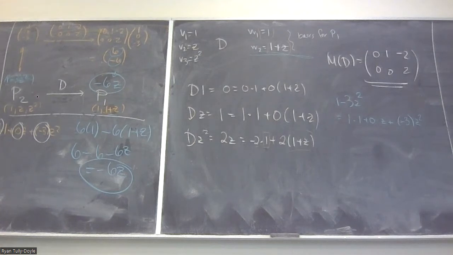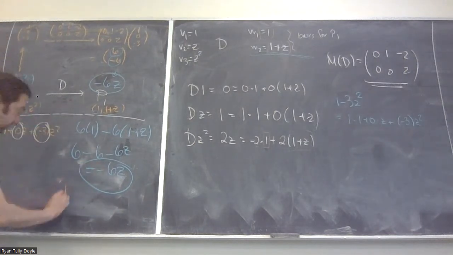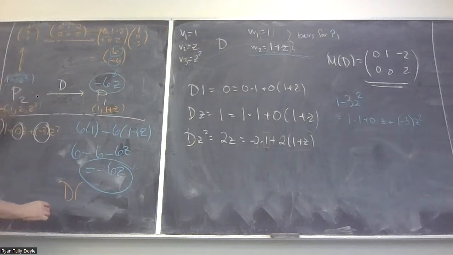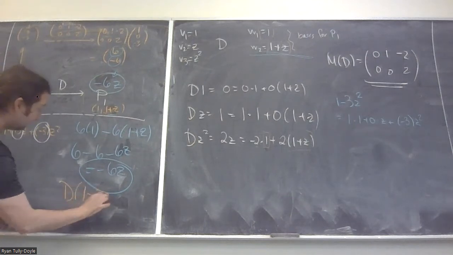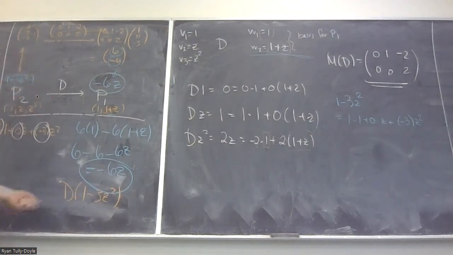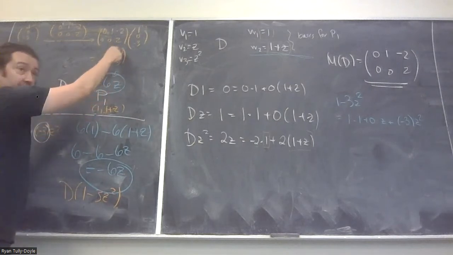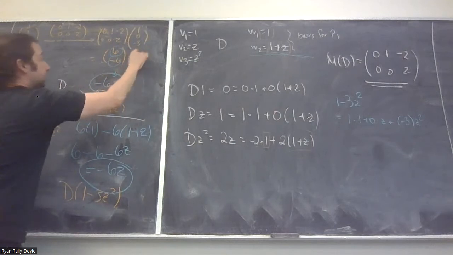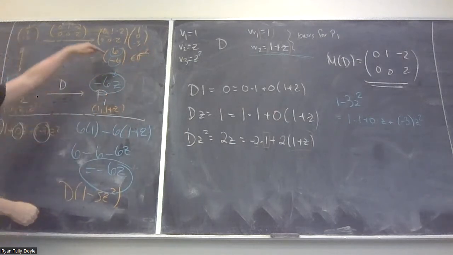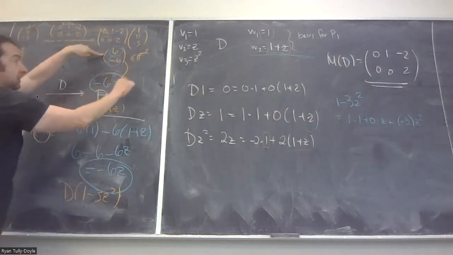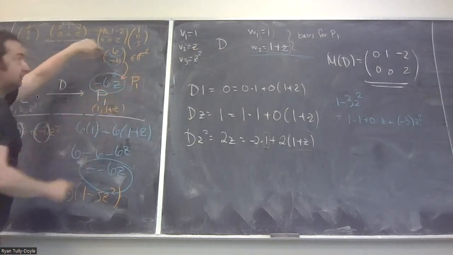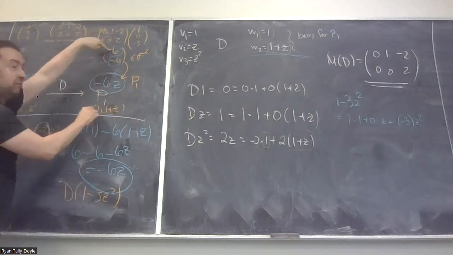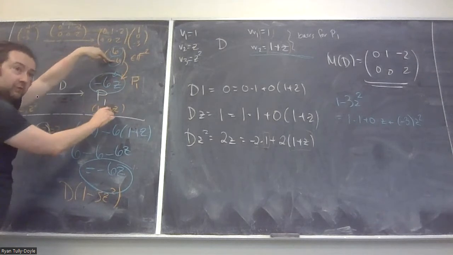Okay. What does -6z? Oh, that's just -6z, that was equal to D of 1 minus 3z squared, right? All I'm saying here is that this coordinate vector can be turned back into something inside P1 by taking that number and multiplying it by V1 and this number and multiplying it by V2.